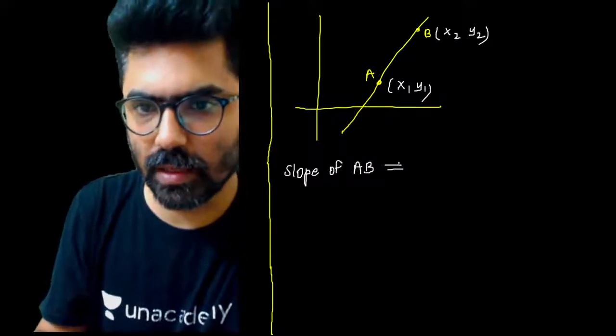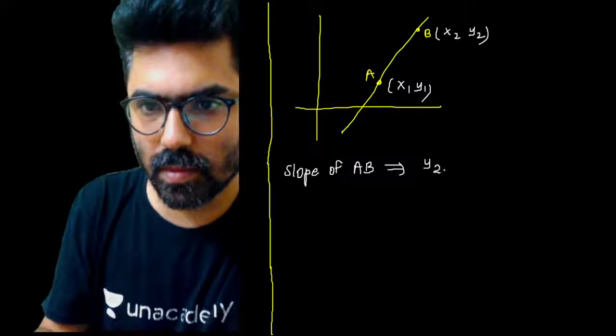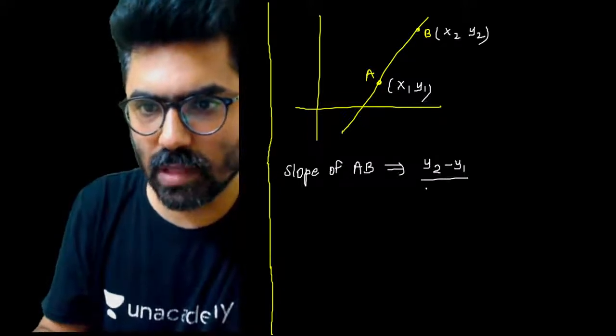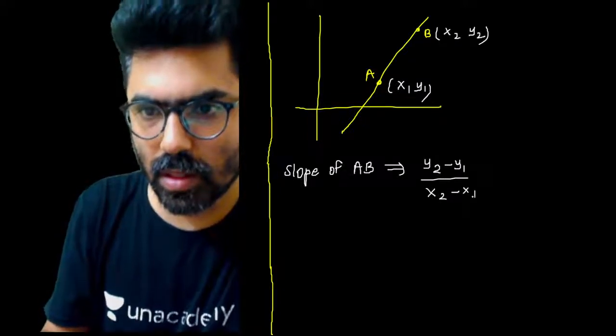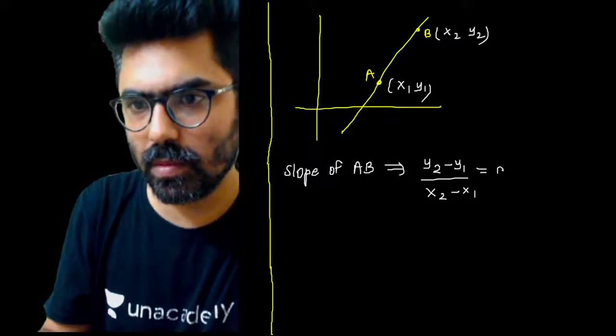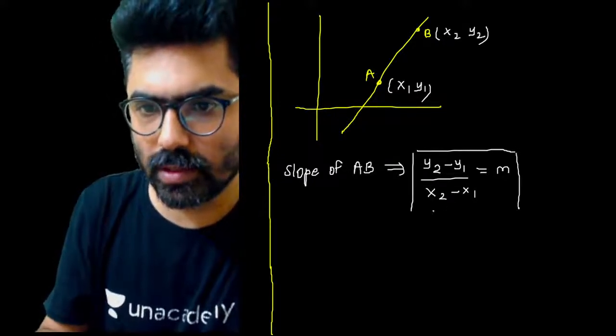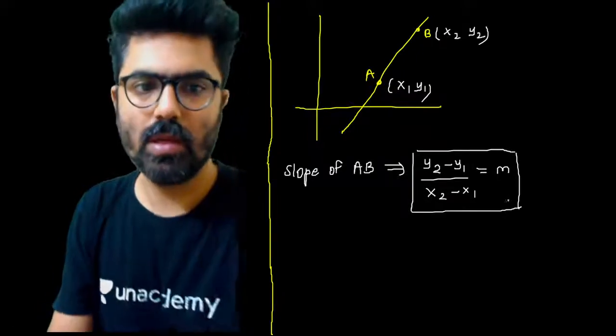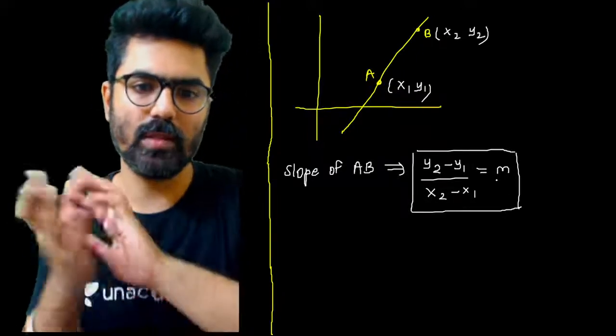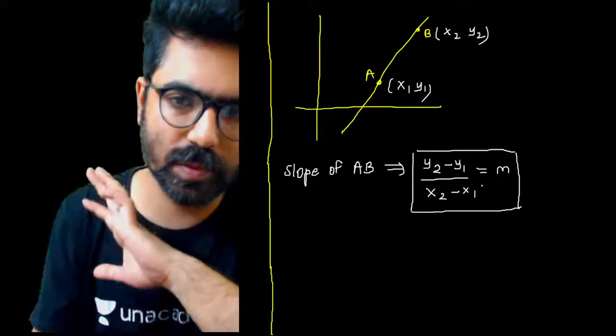Slope of AB is y2 minus y1 upon x2 minus x1. This is given as the slope of the line joining 2 points.